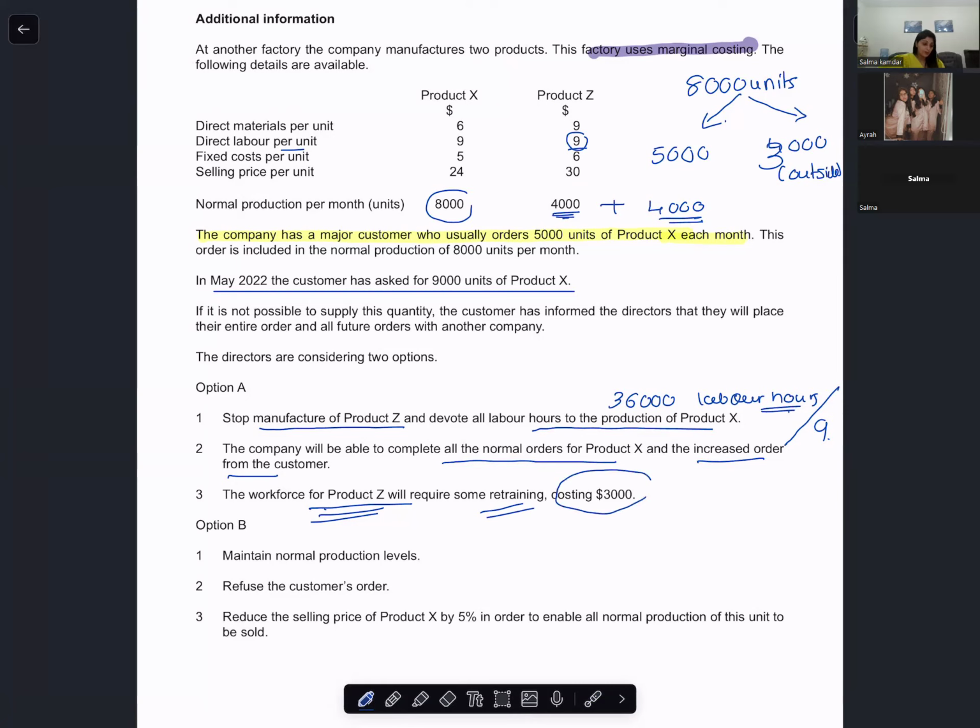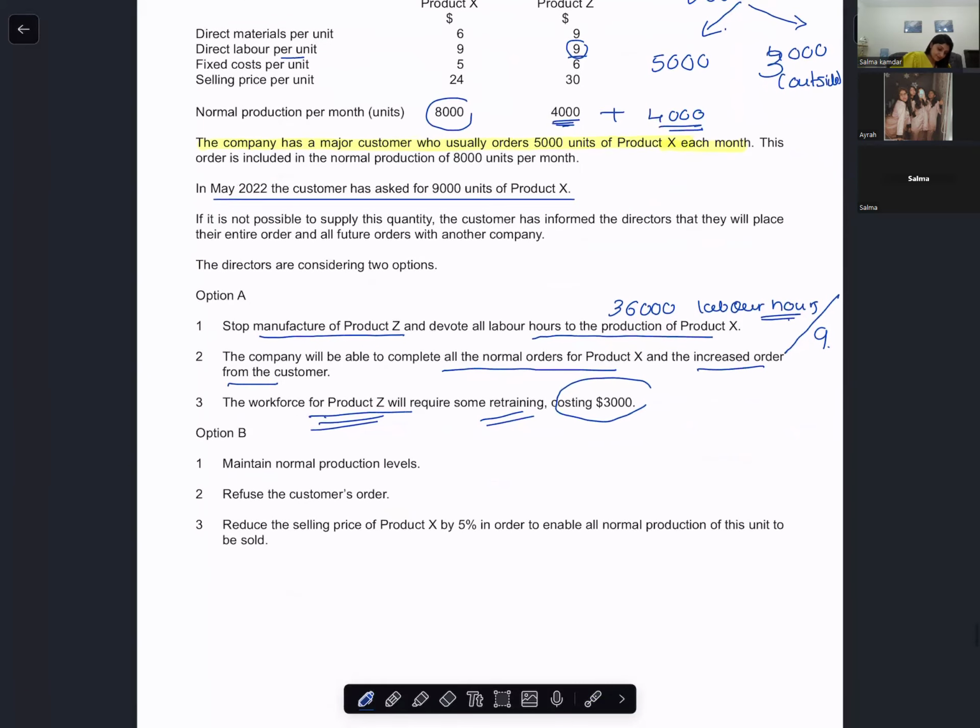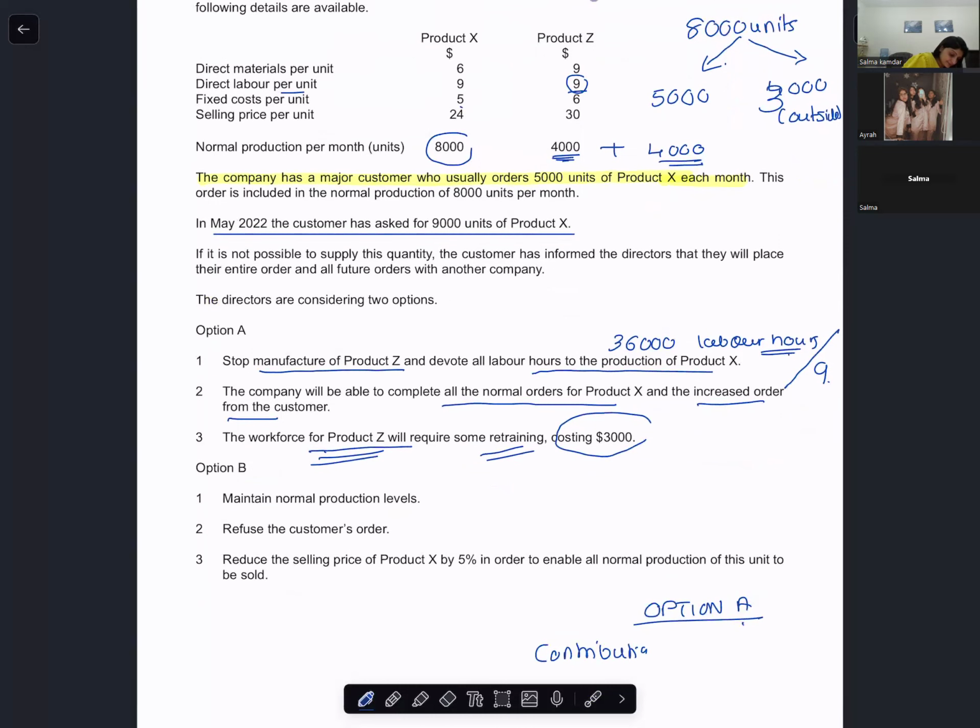So profit under option A. For option A, marginal costing, you can get the contribution directly. What is the selling price? 24, minus variable cost, 6 and 9.